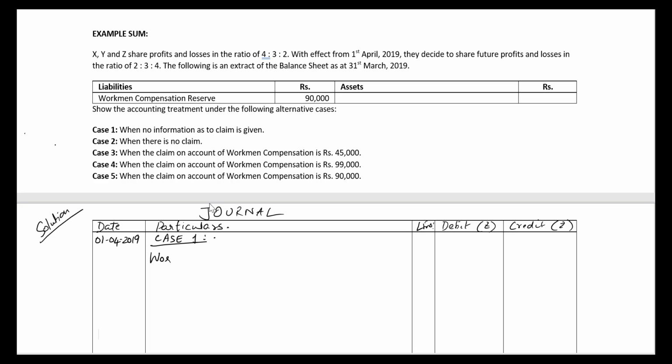Workmen Compensation Reserve Account debit to X capital account, to Y capital account, to Z capital account.